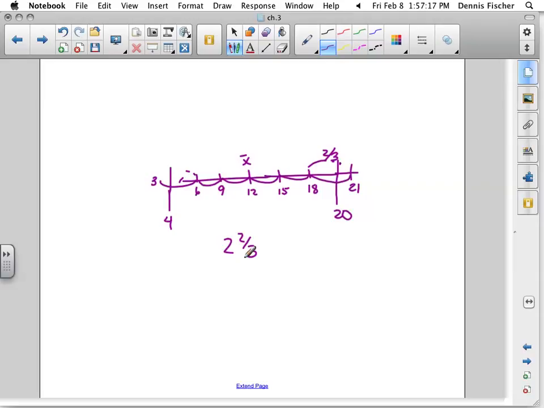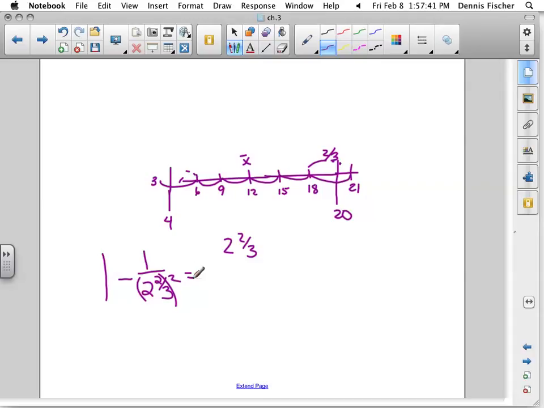Now, it says use Chebyshev's theorem to figure out what percentage. So what we're gonna do here is go on our formula, how many standard deviations? So we're gonna have 1 divided by 2 and 2/3 squared. Work that out to get a decimal.